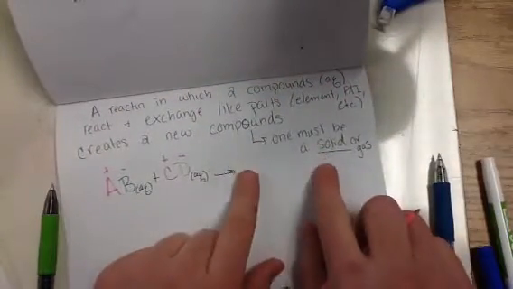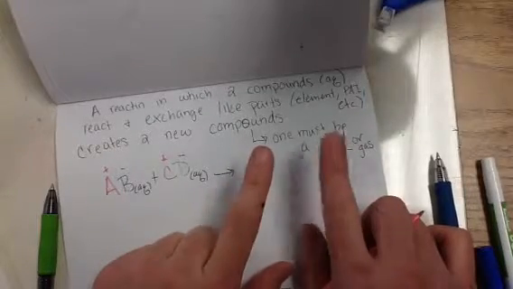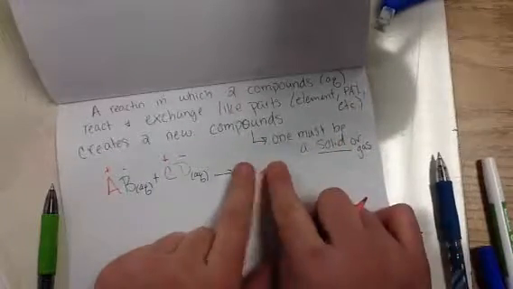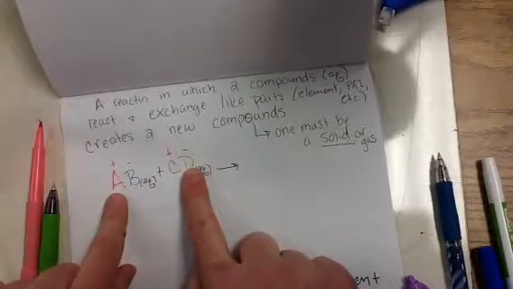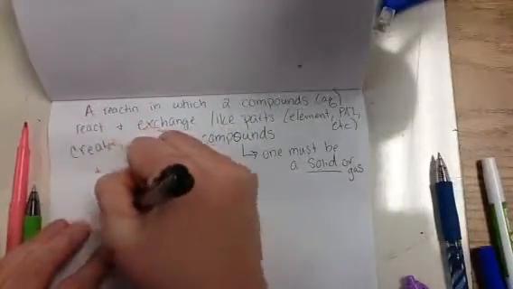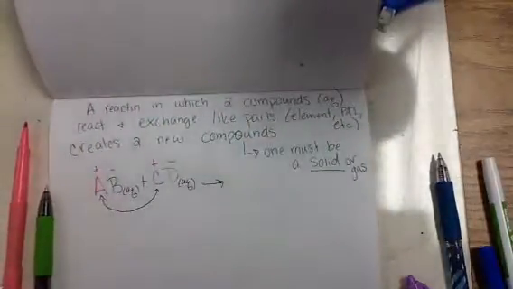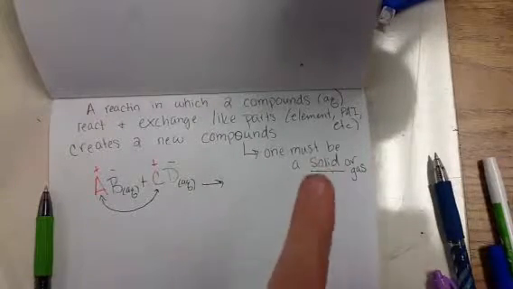We are making ionic compounds at the end, so the products have to be a positive and a negative together. A is going to be buddied up with D, C is going to be buddied up with B. They just switch places. But one of our products has to be a solid.